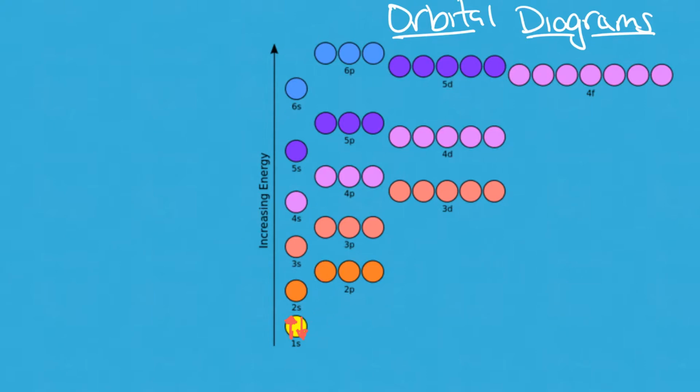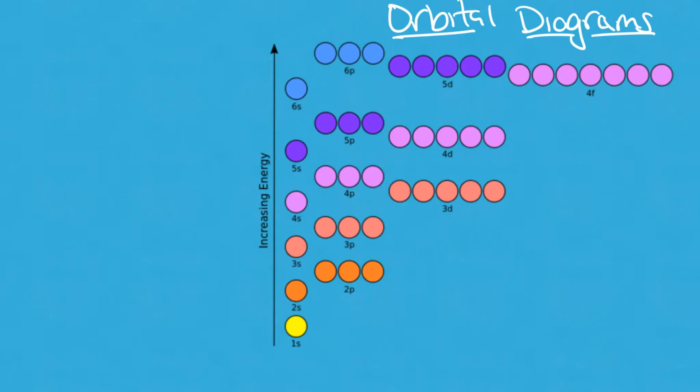If I were to add another electron, it's going to show up in the 2s. You add your fourth electron, and it's going to show up in the 2s in the opposite direction. We'll talk about that rule a little bit later. Then you're going to have the 2p, and so on and so forth. So that's Aufbau's principle: electrons always go in order from the least amount of energy to the greatest amount of energy.